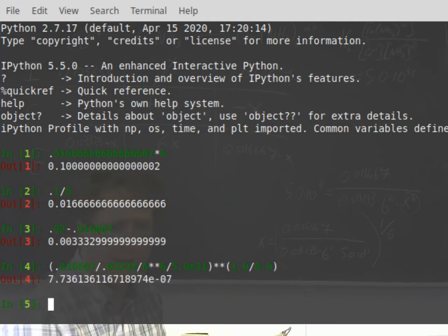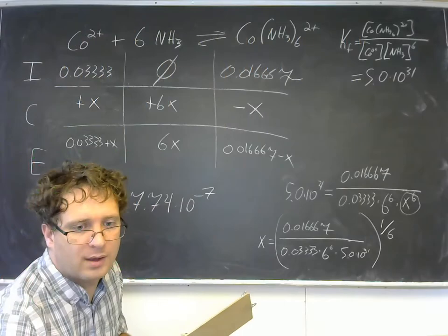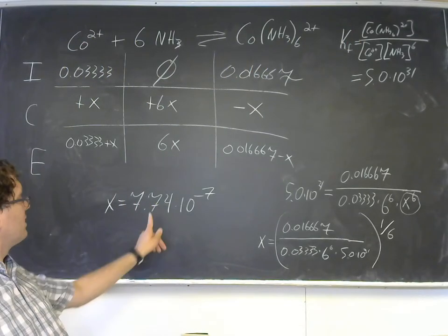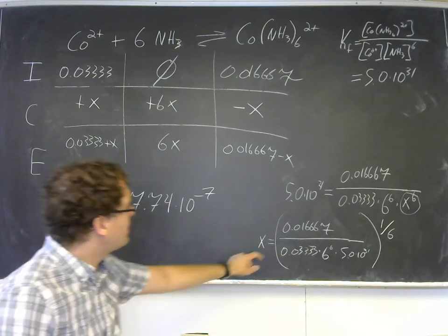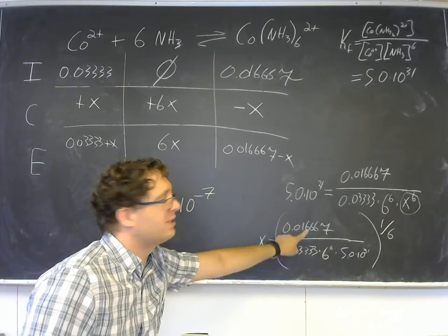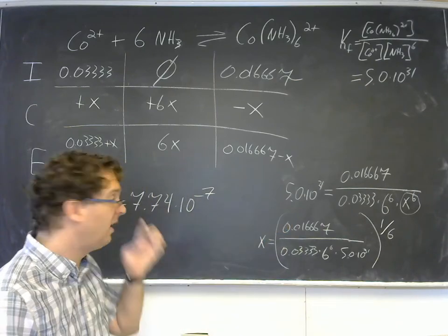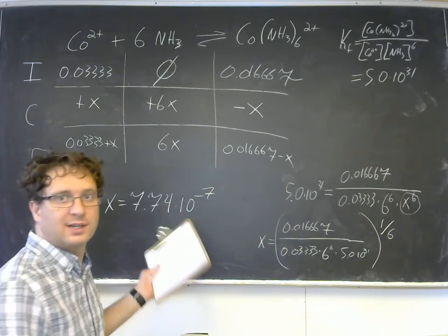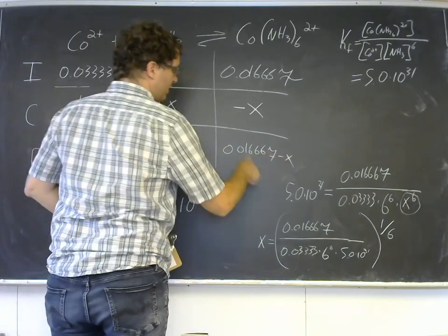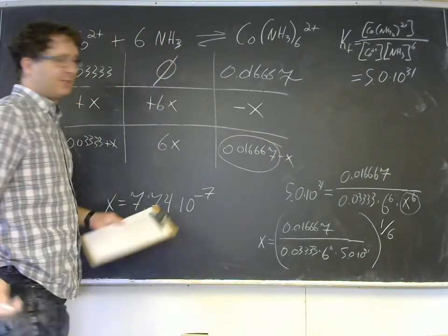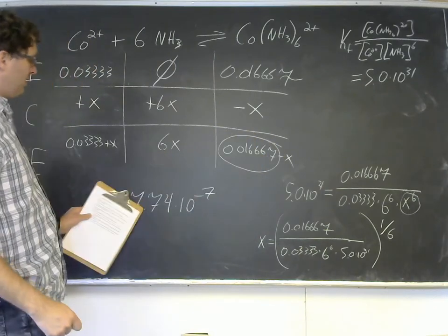And I get 7.74. X is equal to 7.74 times 10 to the negative 7th. Okay, x is 7.74 times 10 to the negative 7th. Is that indeed smaller than these two numbers? Yes, it is much smaller, and so our assumptions are good. And now we can turn these into concentrations. The concentration here is just going to be 0.016667 because the minus this tiny number doesn't affect it.